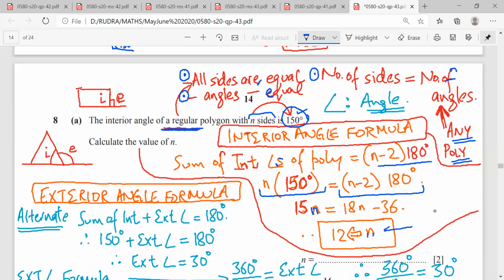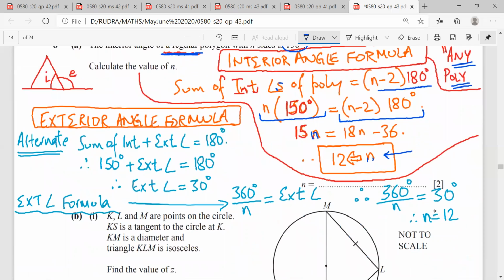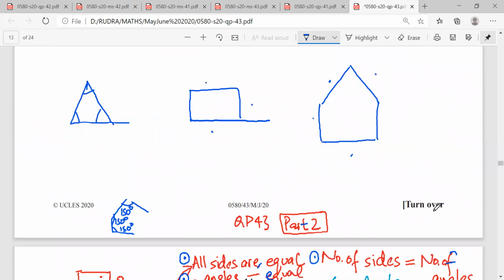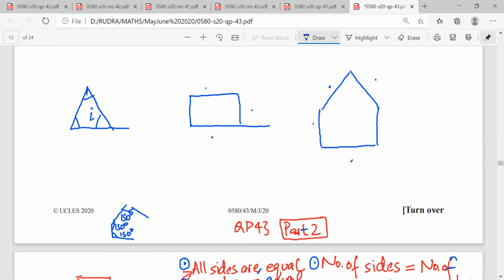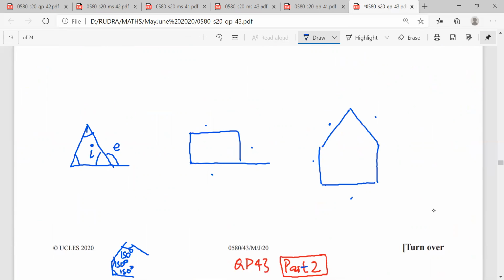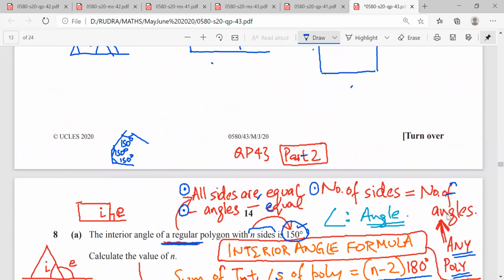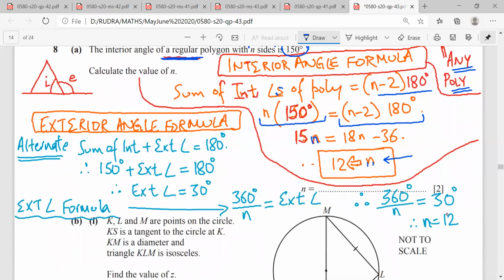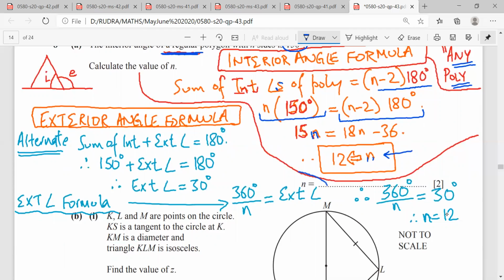Now, this is the first way of doing this, using the interior angle formula. There is another way of doing this question, where I use the exterior angle formula. The formula is that for a polygon, 360 degrees upon n is equal to the exterior angle.